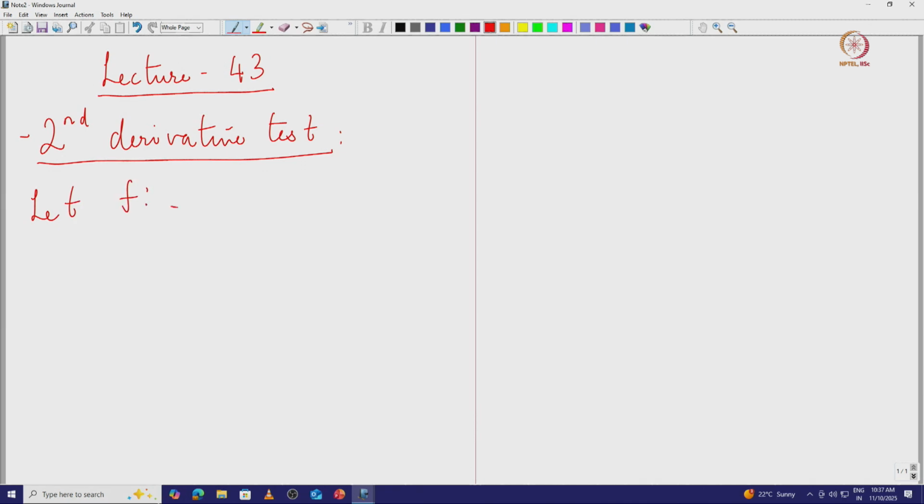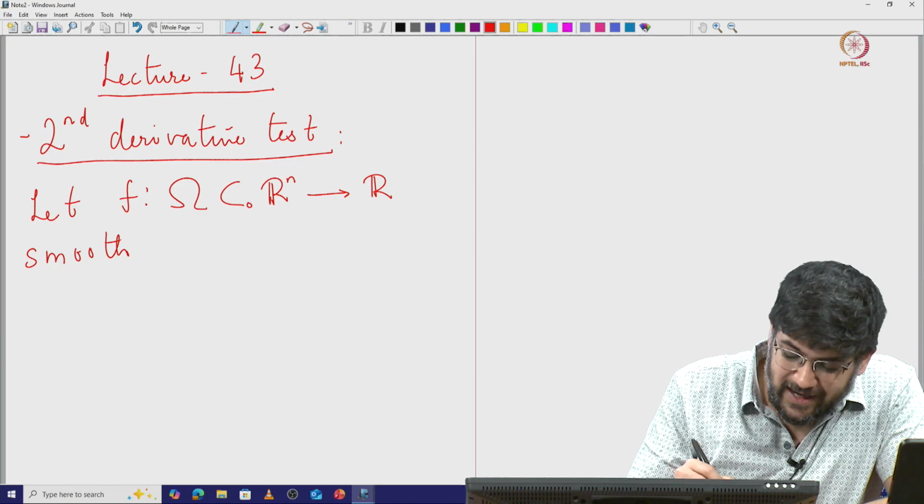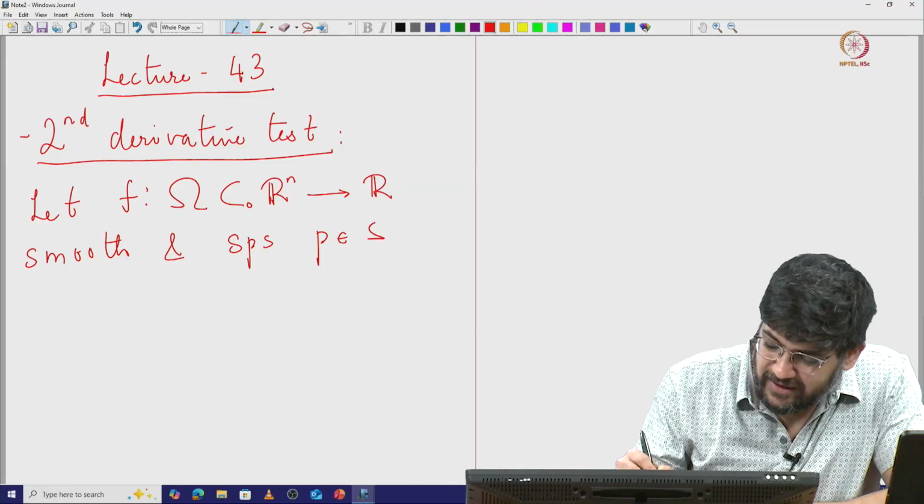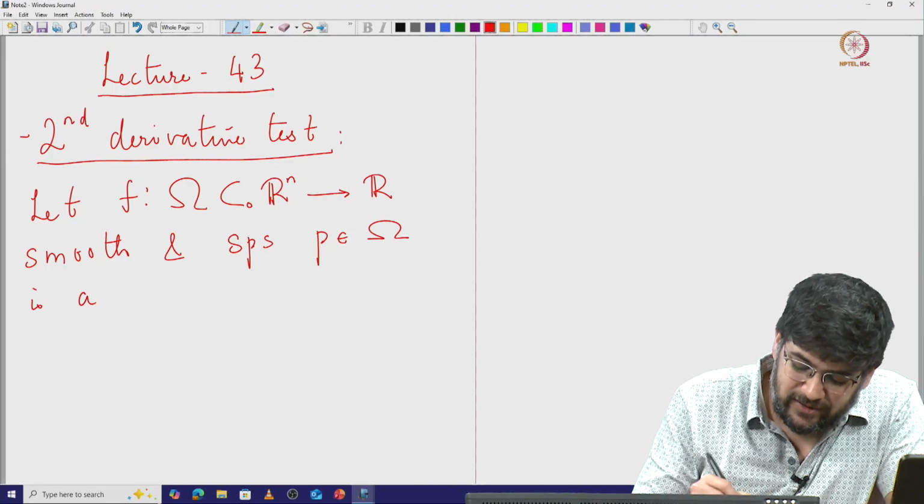Suppose you have a smooth function. Actually a C2 function is good enough, but let us just assume we have a smooth function. Let us say a point P in the interior is a critical point.